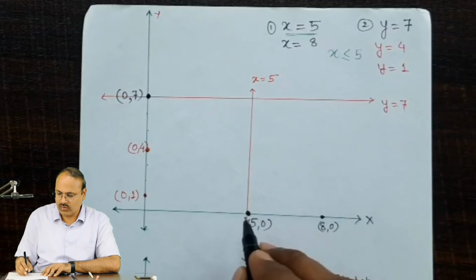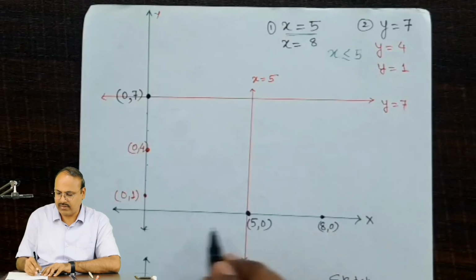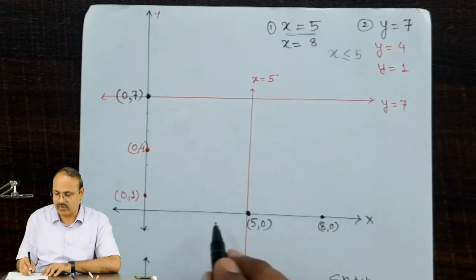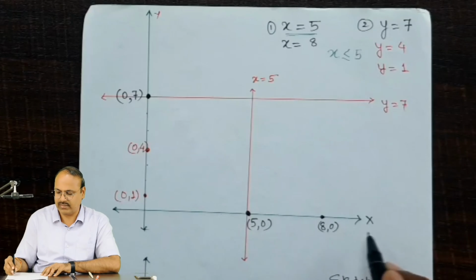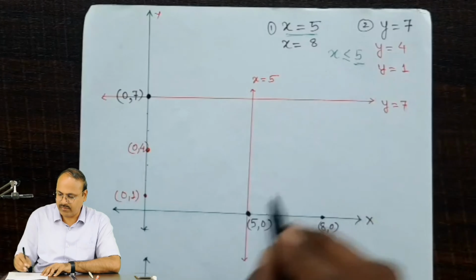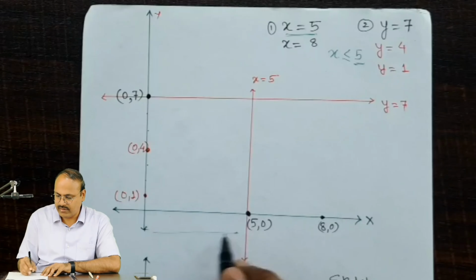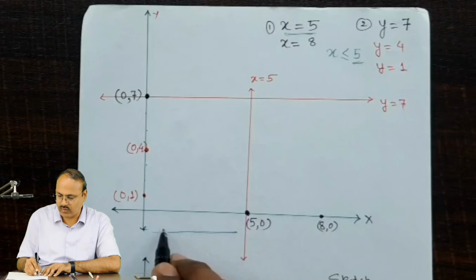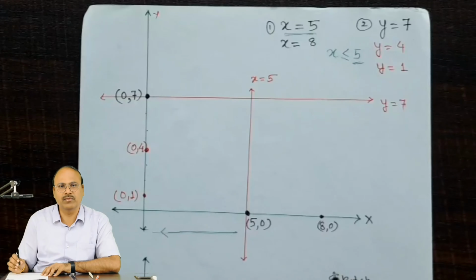On the number line we know that the numbers to the right of the origin are 1, 2, 3, 4, 5, 6, 7, 8 in this order. So when we want less than 5, it means on this number line we have to go to the left of 5. That is the simple meaning of that.